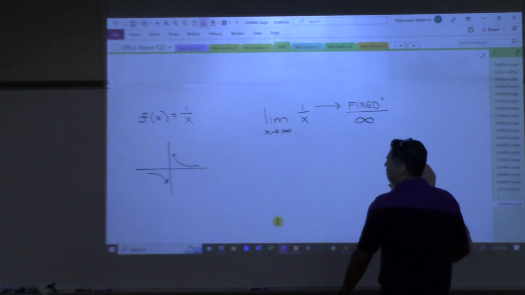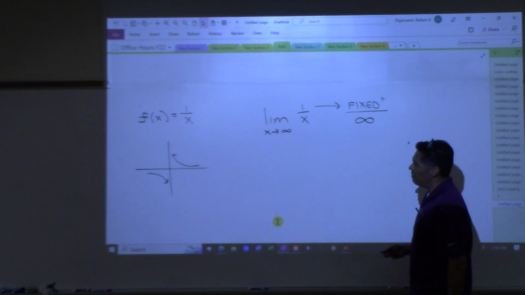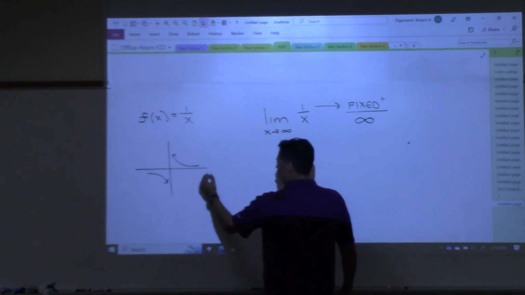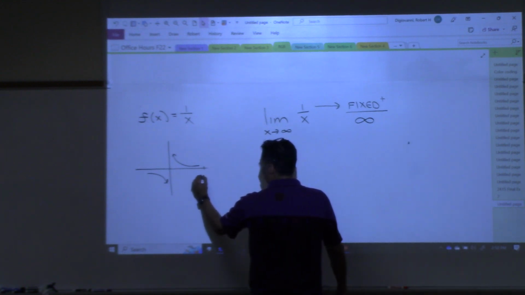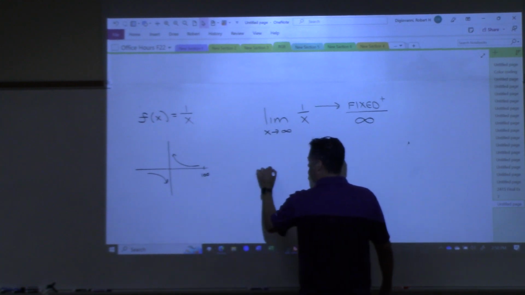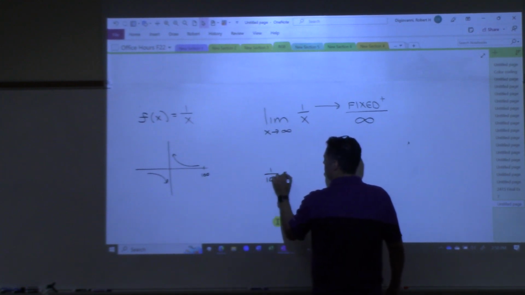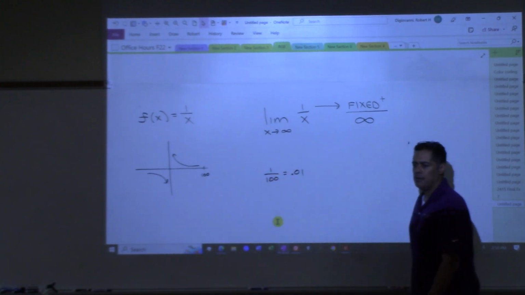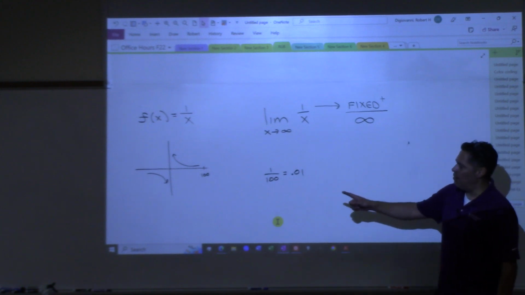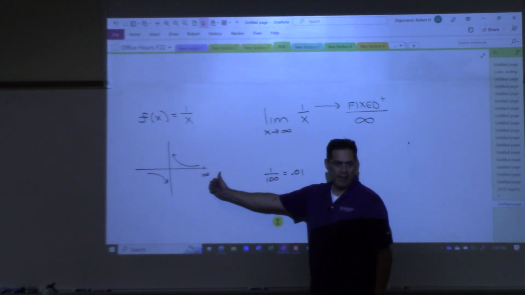So if we have our calculators, we can just start picking numbers. If we go, let's say, to 100, 1 over 100 would be 0.01, right? But 100 is not infinity. Infinity means keep going.